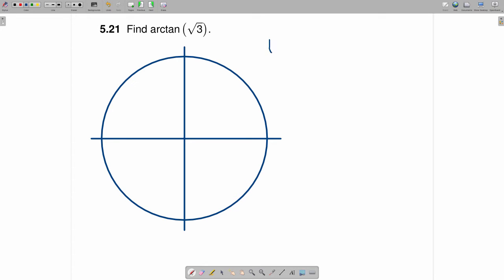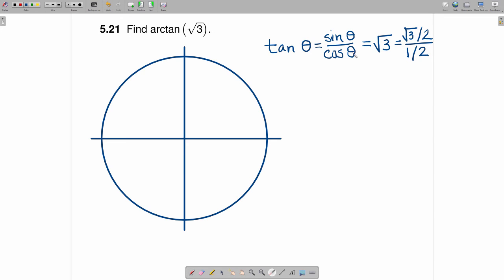Now you know that the tangent of some angle theta is the sine of theta divided by the cosine of theta. Furthermore, if we want that tangent to be the square root of 3, one way of doing that is to get a numerator of the square root of 3 divided by 2, and a denominator of 1/2.